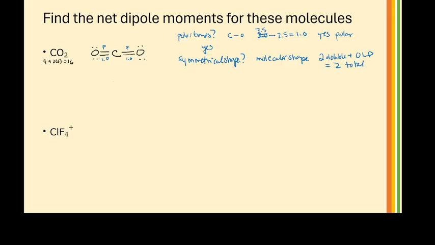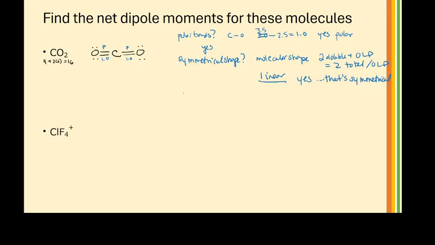Remember, a double bond is just 1 domain. So I have 2 domains on this center carbon, 0 lone pair. So the shape is linear. And yes, that's symmetrical. So that's on my list.